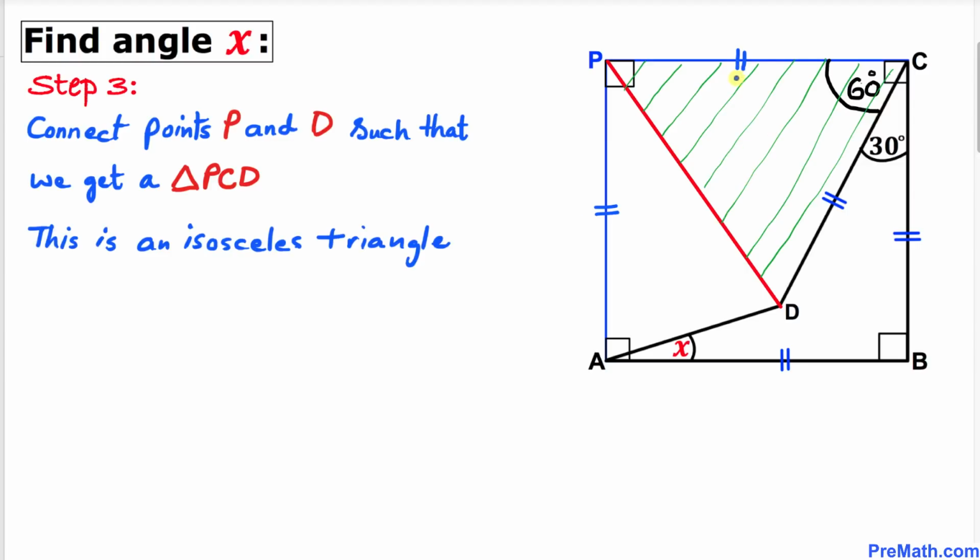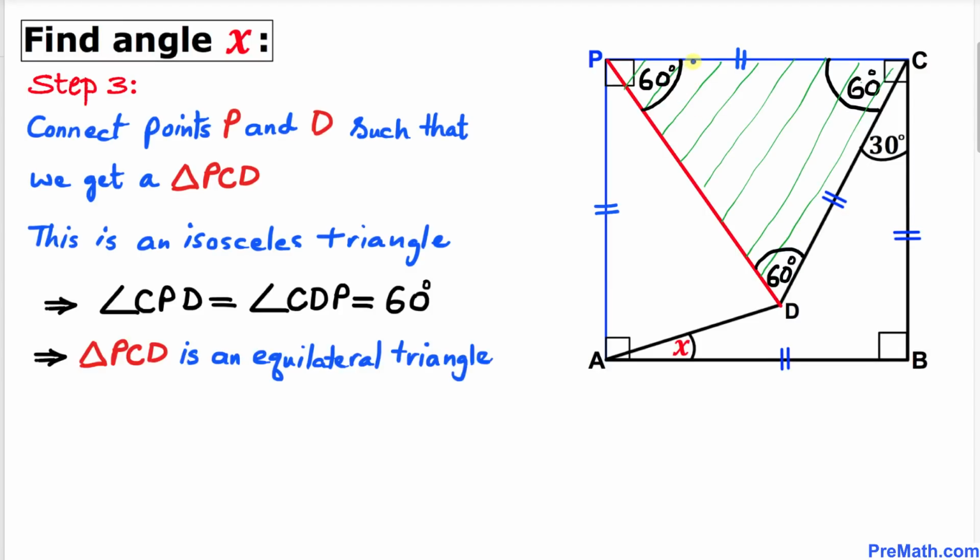And now we can see that this triangle PCD is an isosceles triangle since this side length is equal to this side length. So therefore, this angle is going to be equal to this angle. And since this angle is 60 degrees, these angles have got to be 60 degrees as well.